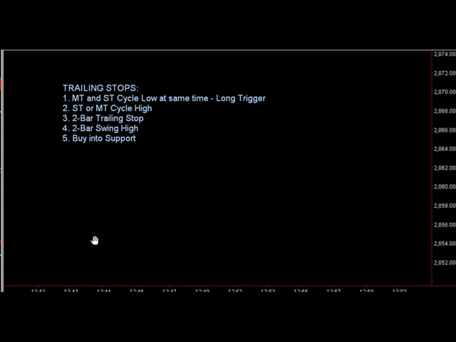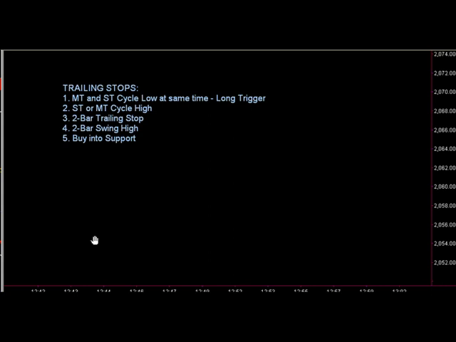I will get out of at least half of my remaining position, which is a quarter of my initial position, or maybe all of it, because the rest of my position, remember, its stop is still at that initial cycle high where I got in. It's above that.